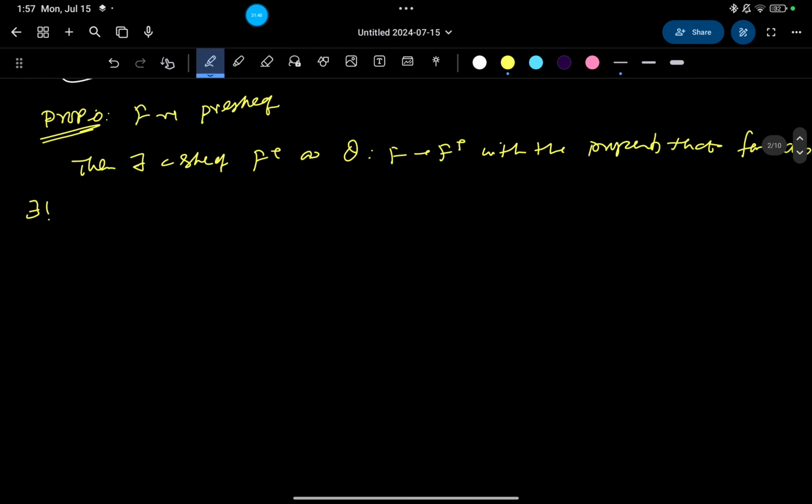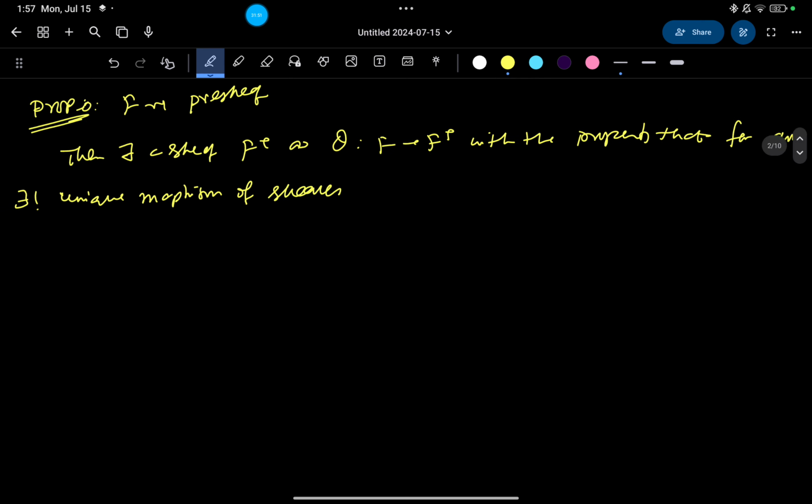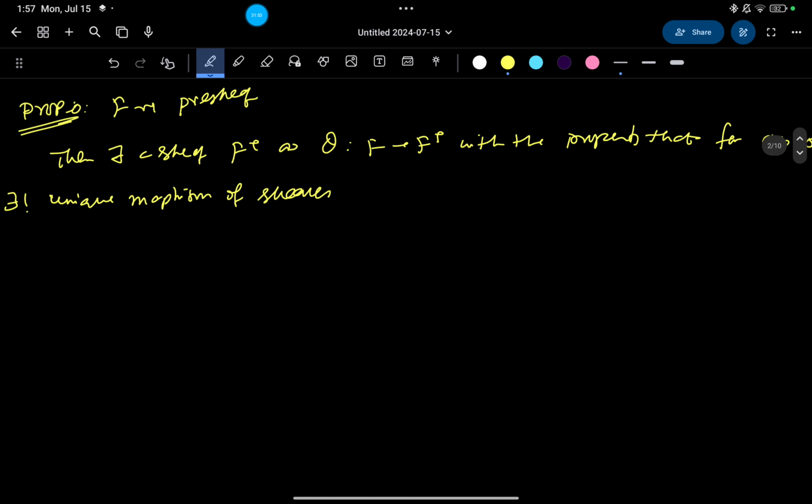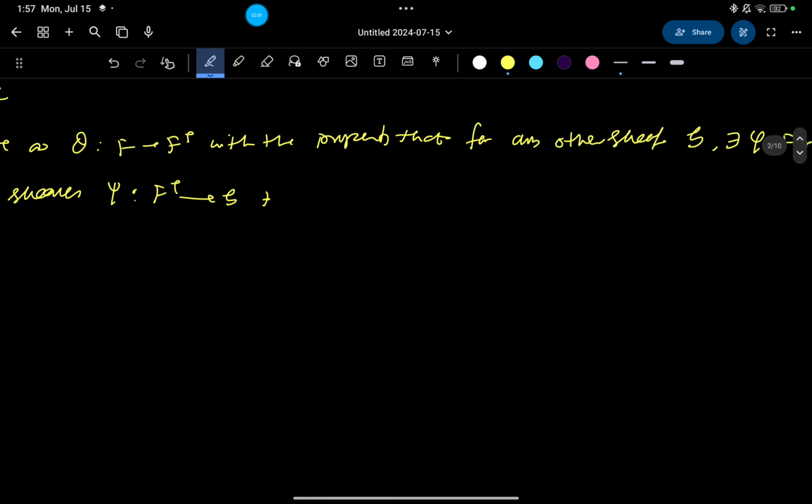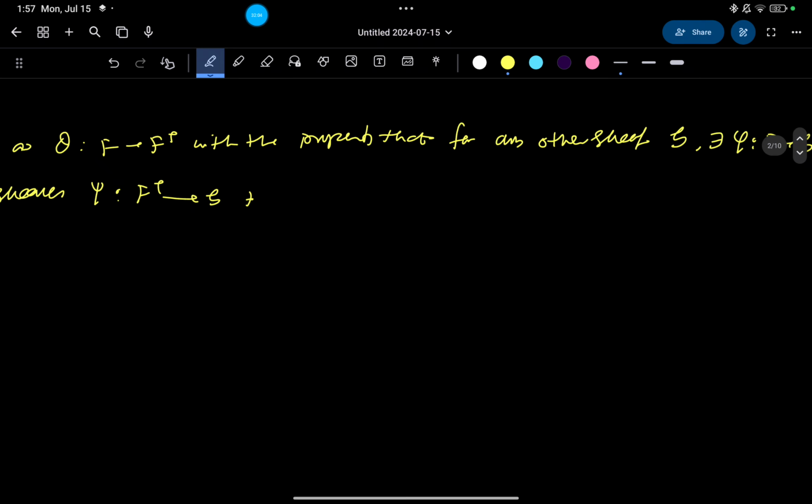there exists a unique morphism of sheaves, let's say psi, from F plus to G, such that phi equals psi composed theta.